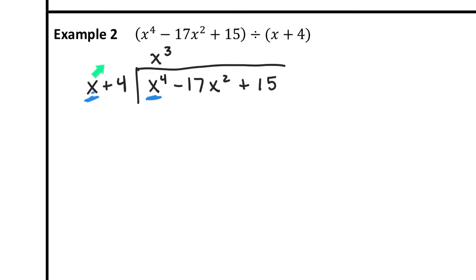So what's x to the 3rd times x? It's x to the 4th. What's x to the 3rd times 4? It's positive 4x to the 3rd. We're going to subtract. So the subtraction is going to change the positive x to the 4th to a negative, and this one's going to change to a negative.